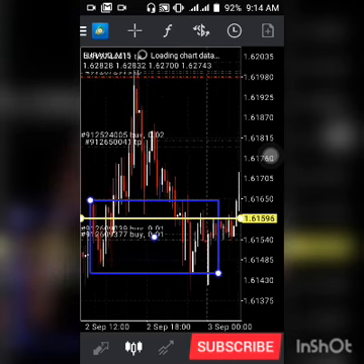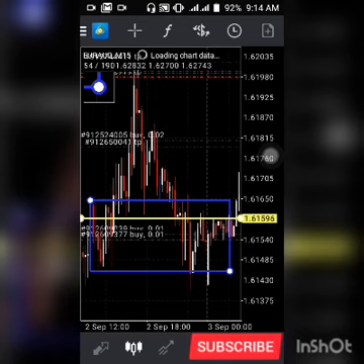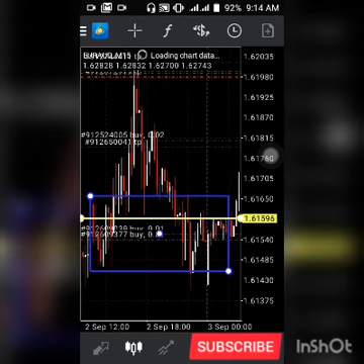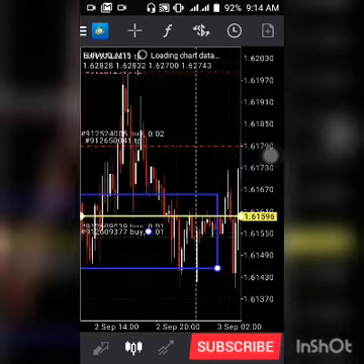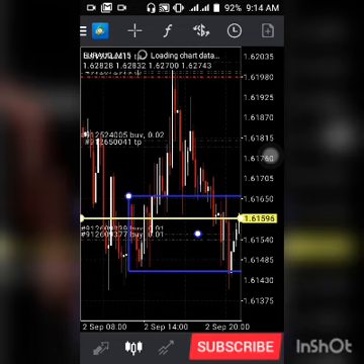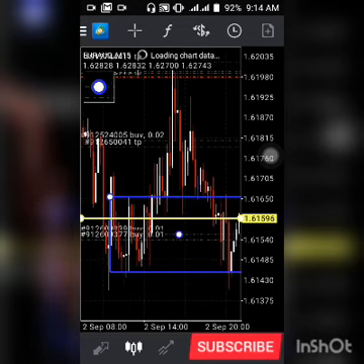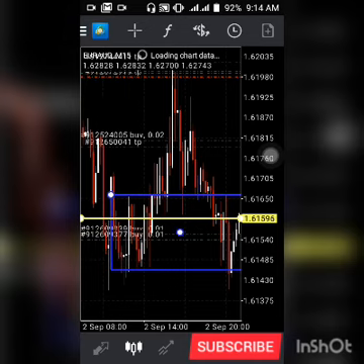We see that price broke this box, went up, and came back for a retest.